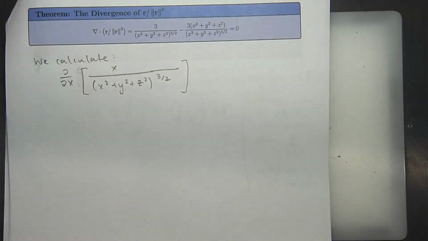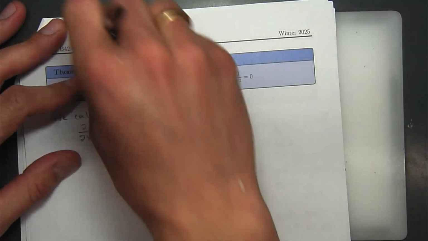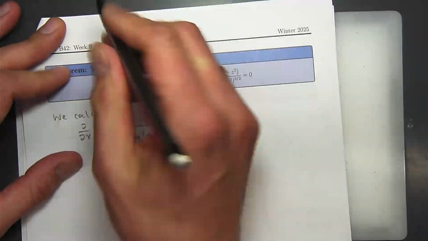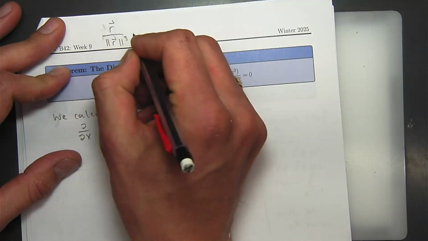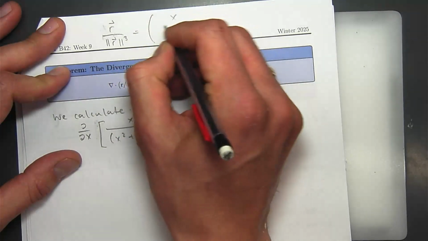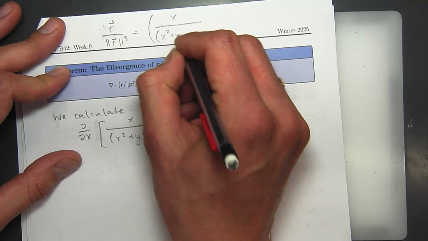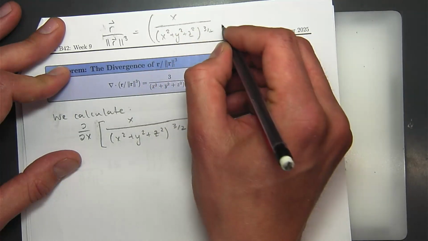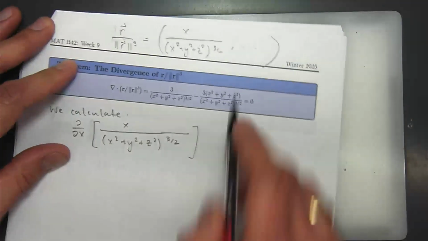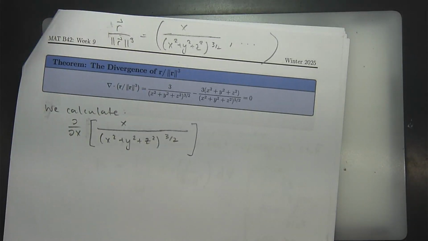Okay, so our vector field looks like this. Okay, so we're going to get just the divergence of the x terms.